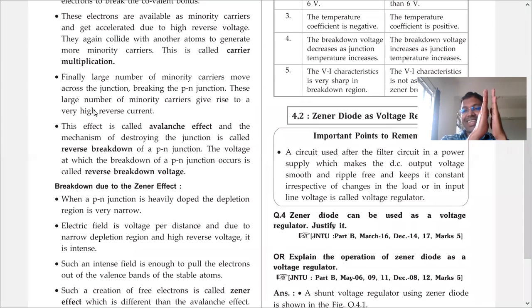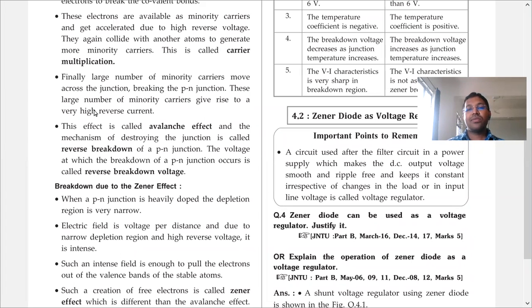Because the width of the depletion region is thin, for the reverse voltage, the electric field intensity generated is high. You know very well, a stick which is very thin, you can break it easily.